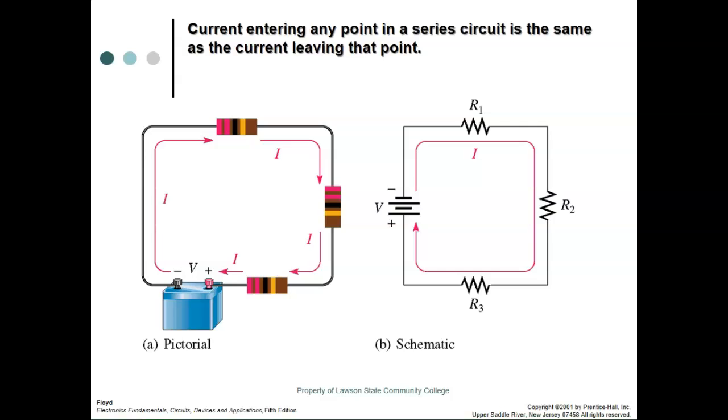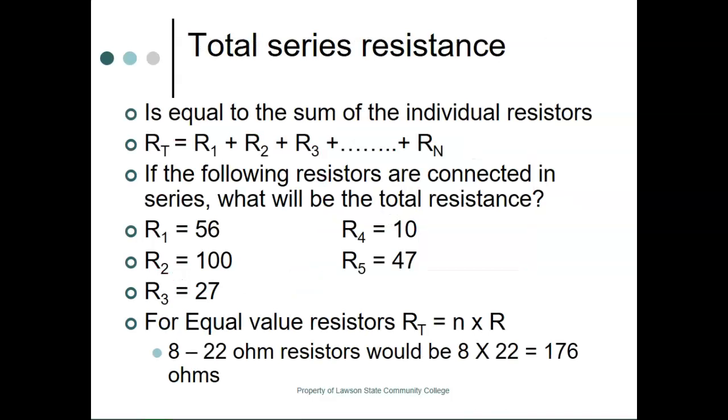So the current entering any point in a series circuit is the same as the current leaving that point. Again, just reiterating that. All right, so when we're calculating something like total resistance, the great thing about series circuits is resistance adds. Simplest way I can tell you right now is that resistance adds. What do I mean by that?